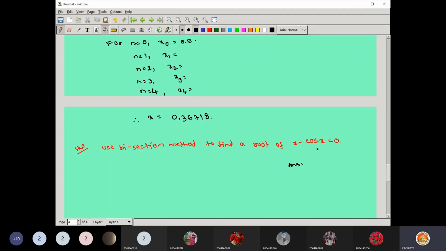Very easy. 0.7388. It is also involving a trigonometric function, so it is a transcendental equation. The calculator should be in radians. Remember that and start. Fix it once, and you will not be tense even in the examination.